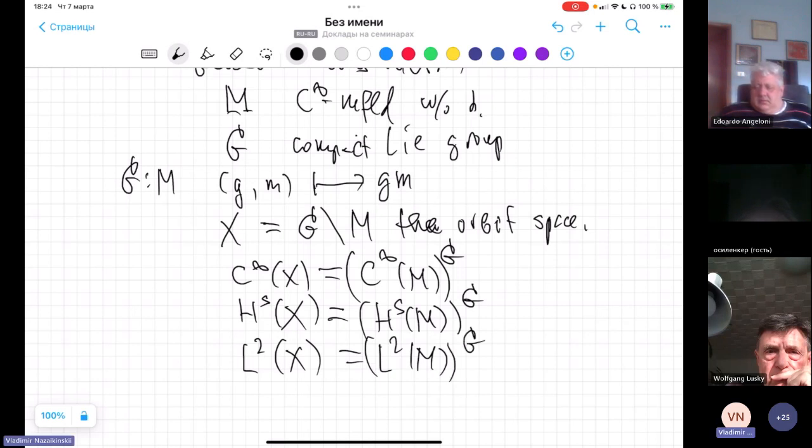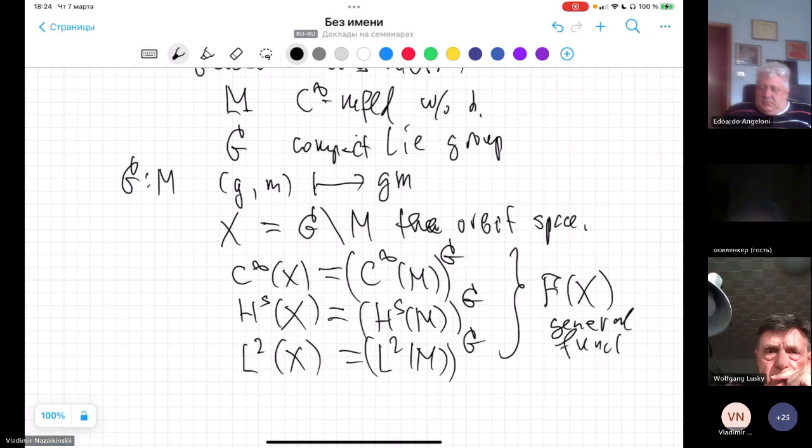We denote by F of X a general function space obtained in this manner.